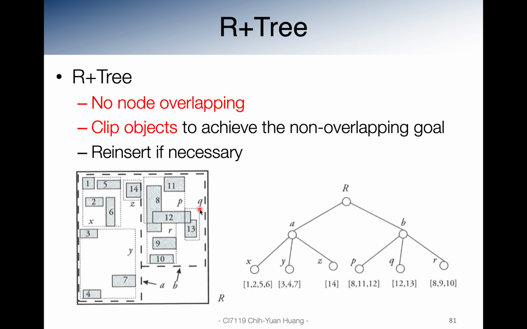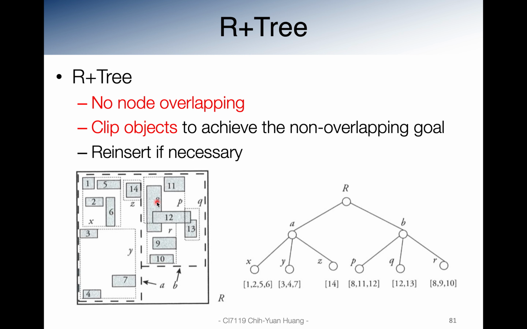Supposedly, if it's the traditional R tree, then in this case, for example, 12 and 13 could be grouped by the Q node, and R could be managing 9 and 10, and the P node could be managing 11 and 8.